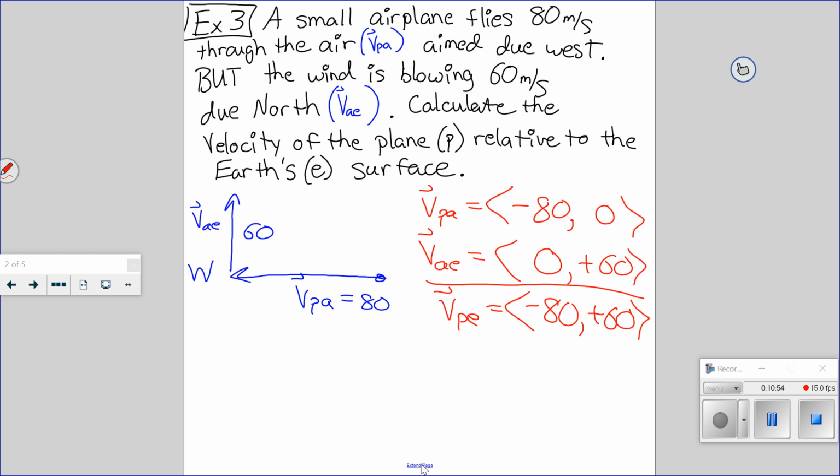And oh look, it's a 3, 4, 5 triangle. You could do the Pythagorean theorem. We would call it the result, or you could call it C, is the square root of 80 squared plus 60 squared. And that's my 100. Okay?